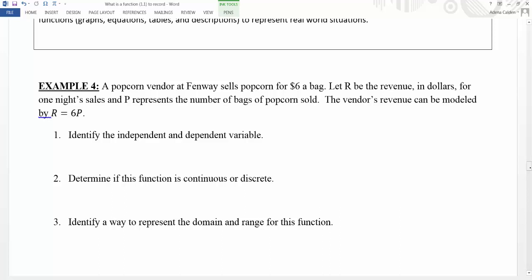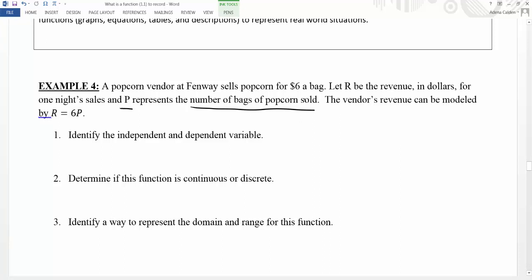So here, if we wanted to talk about the independent and dependent variable, we would need to figure out which variable we would be plugging numbers into, which one varies over time. And so here, my independent variable is going to be P, which represents the number of bags of popcorn sold. It can vary from 0 bags up to who knows how many bags.